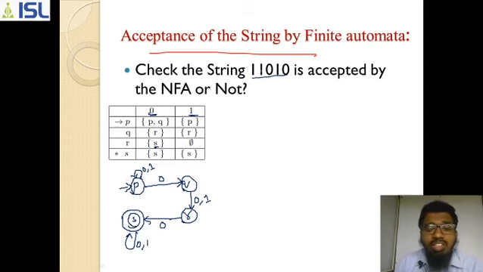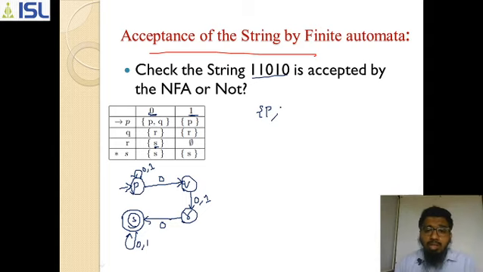Now we will see, with the help of the transition function, whether it is accepting or not. First, the initial state is P, meaning the current or present state.